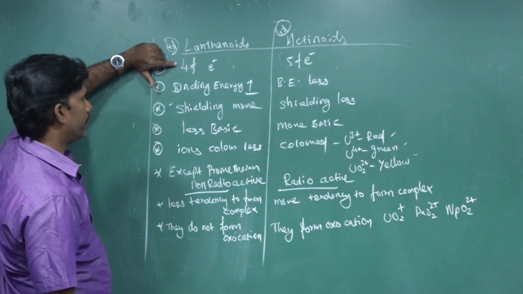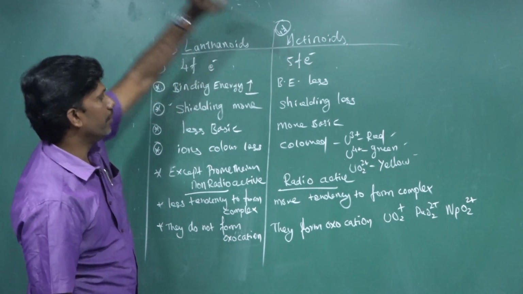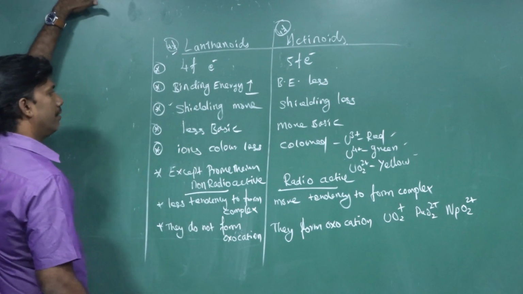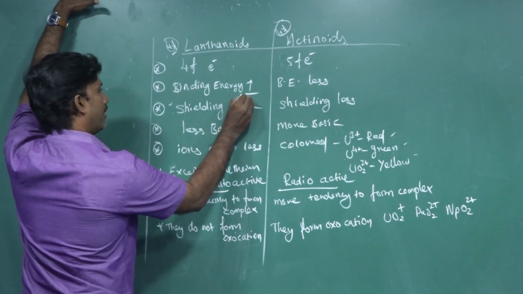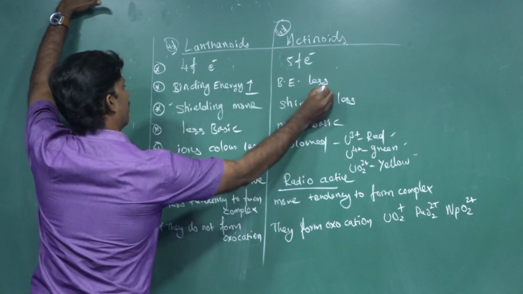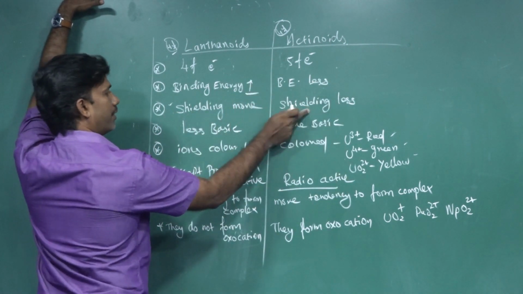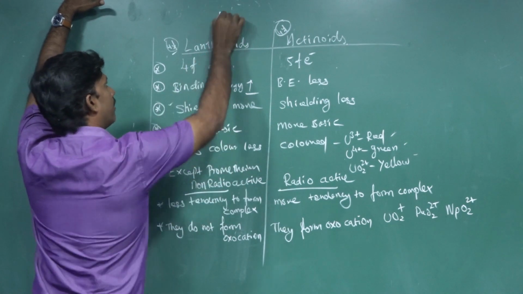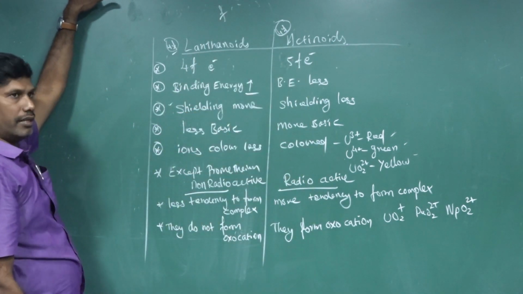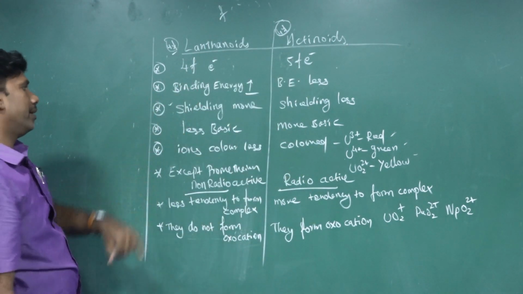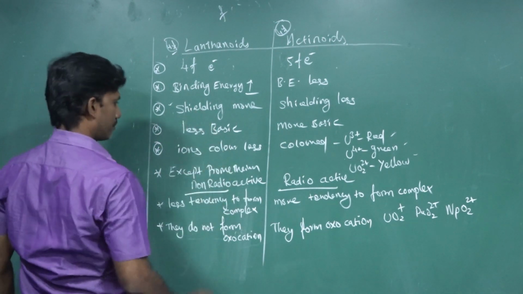Electrons are entering the 4f orbital in lanthanides and the 5f orbital in actinides. Binding energy is higher in lanthanides, whereas it is less in actinides. Shielding effect is more in lanthanides and less in actinides. Comparatively, f electrons are poorly shielded; if you compare these two, lanthanides have more shielding.